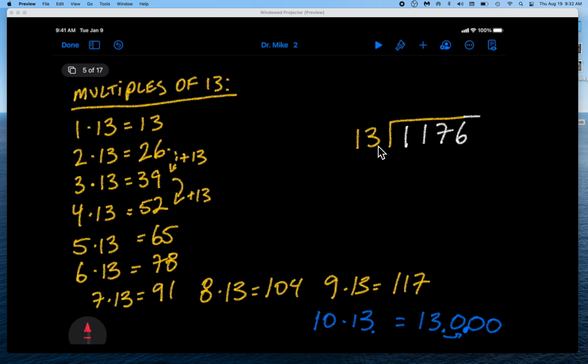How many times does 13 go into 117? We go to our table. And what do you notice right there? 9 times 13 is 117. 9 up here. 9 times 13 is going to give us 117. When we subtract, we're going to get 0. We're going to bring down the 6.